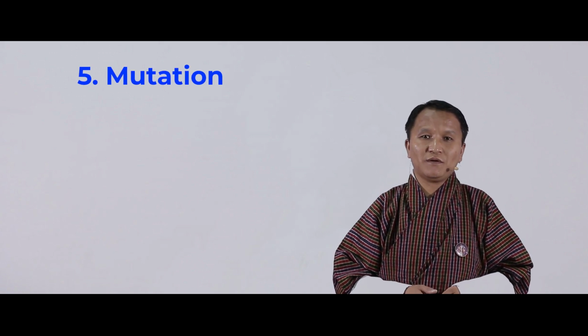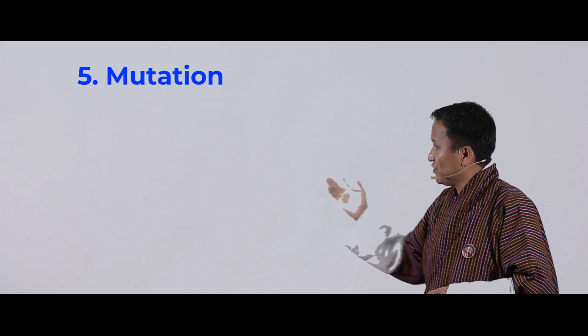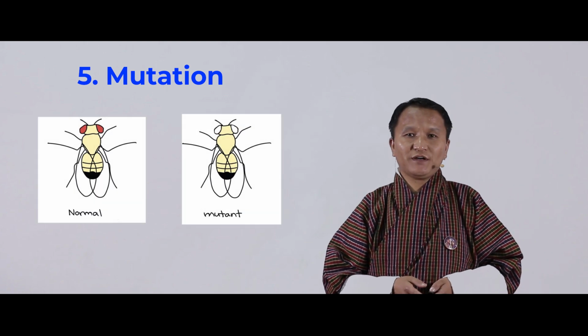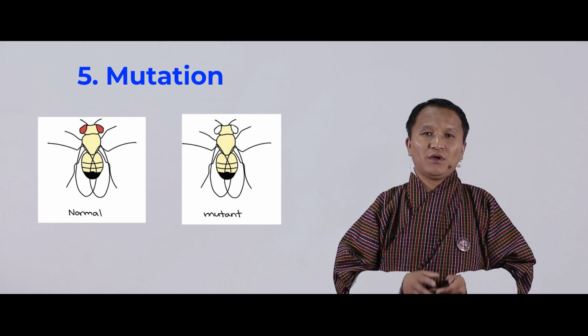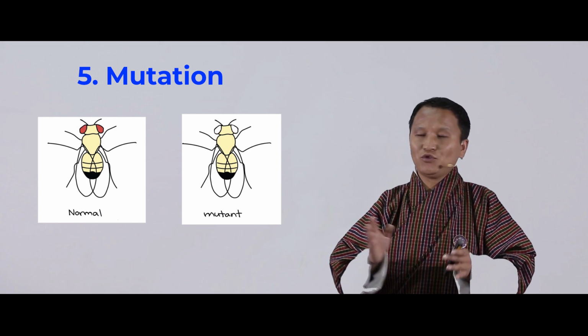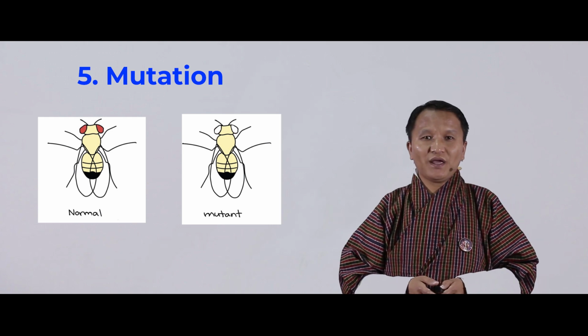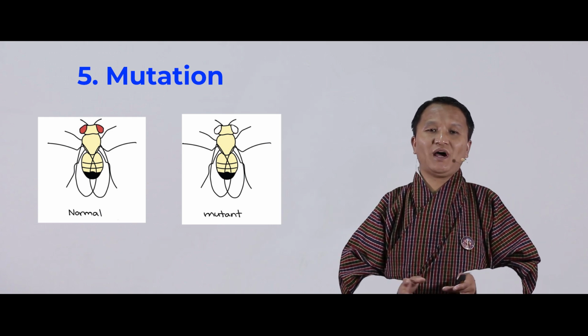So now the fifth reason which drives the force of speciation is mutation. As you can see here, you can see two sets of Drosophila. The first is normal with the red eye and the second with the white eye.